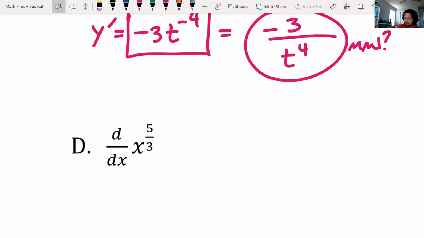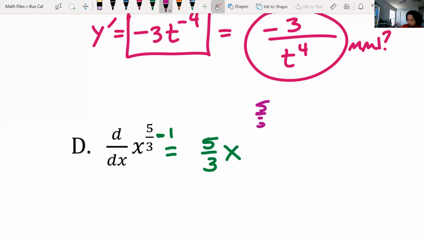This notation, d over dx, just says take the derivative of x to the 5/3. That's all this says. d over dx is just the derivative with respect to x. So we take this derivative, and the 5/3 comes down, and now you have to subtract 1 from the original exponent. So remember, do a little fraction work, right? 5/3 minus 1.